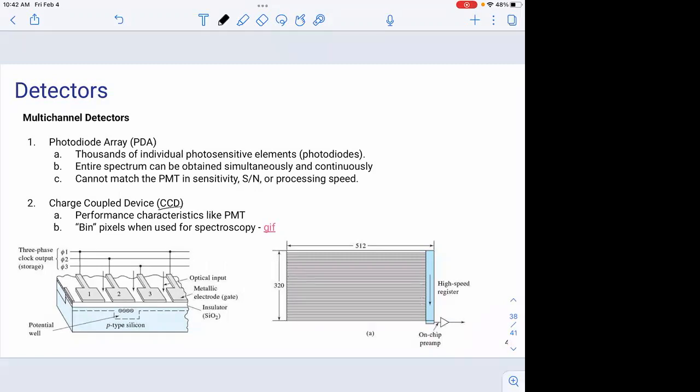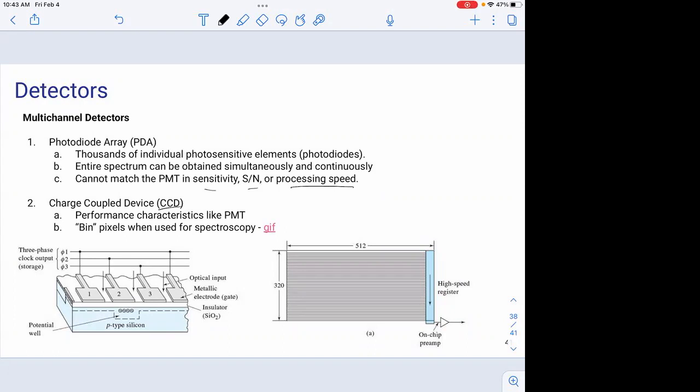The entire spectrum can be measured simultaneously and continuously, which is exciting. It cannot match the sensitivity of a PMT, its signal to noise, or its processing speed. So these are great, except if you need high sensitivity, low signal to noise, or a dynamic measurement.